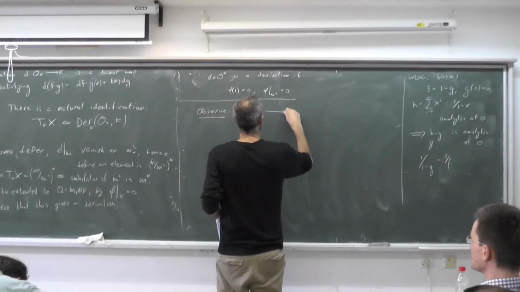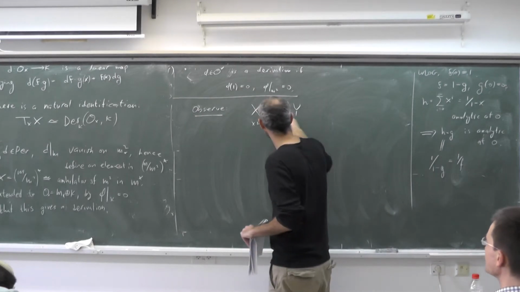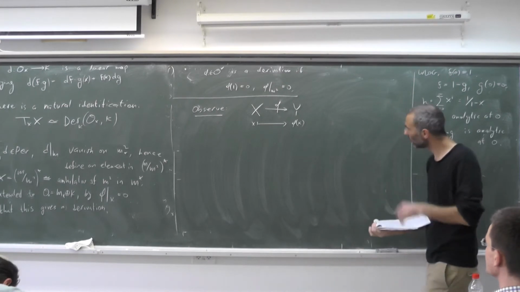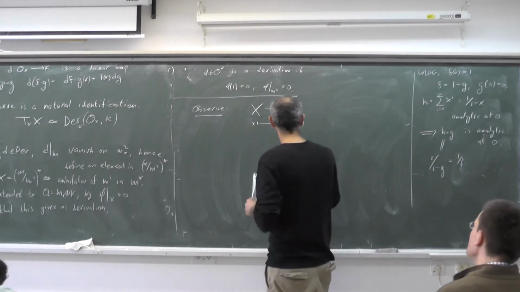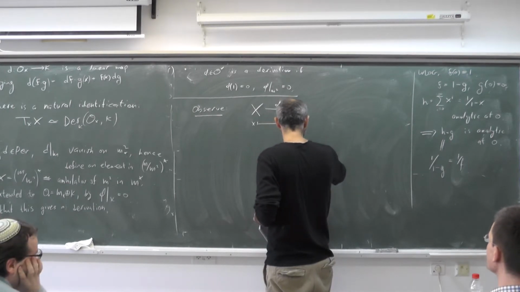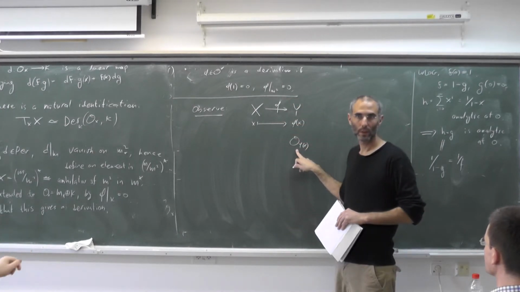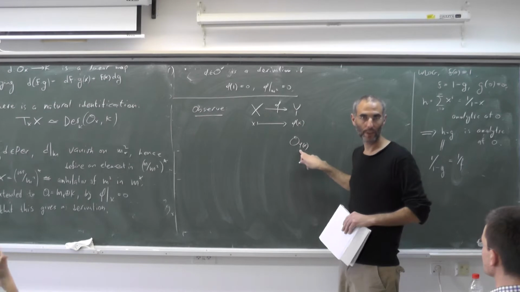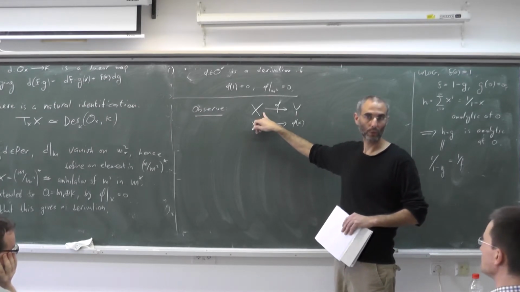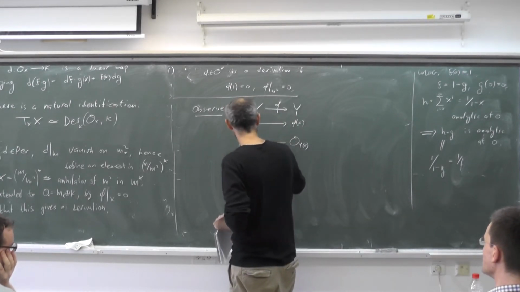If I have a map phi from X to Y, x goes to phi of x, then if I have a function at y defined in the neighborhood of phi x, I can recompose it with phi to get a function here.